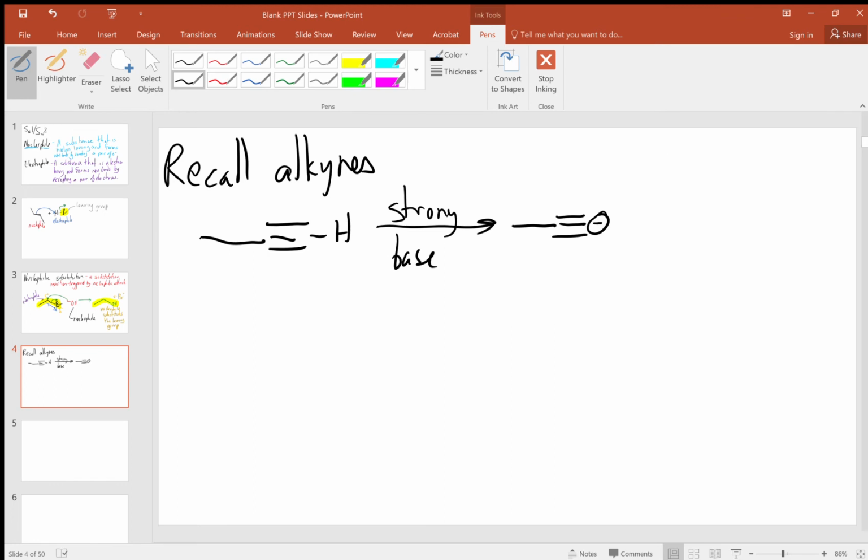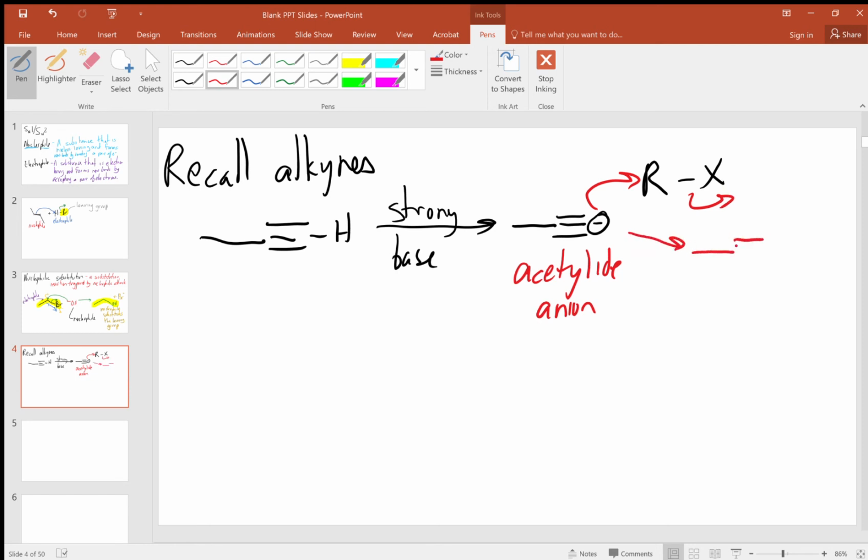And then that anion, if we added an alkyl halide to it, the anion from the alkyne, the acetylide, attacked the alkyl halide, kicked out the leaving group, and formed a new carbon-carbon bond.